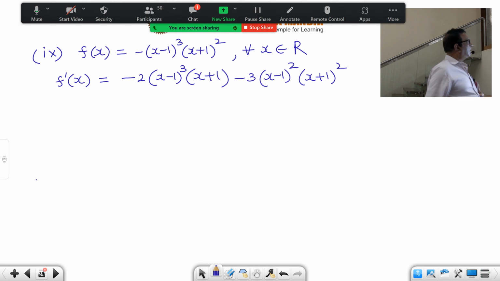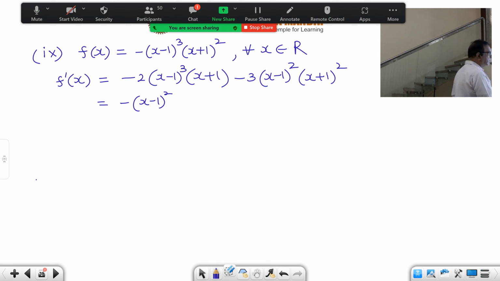In this, what is common, maximum, that we have to take common. So I will take a minus common first, both have minus. (x minus 1) whole square is there, (x plus 1) is there. See, this question is important. All the students, please follow carefully.